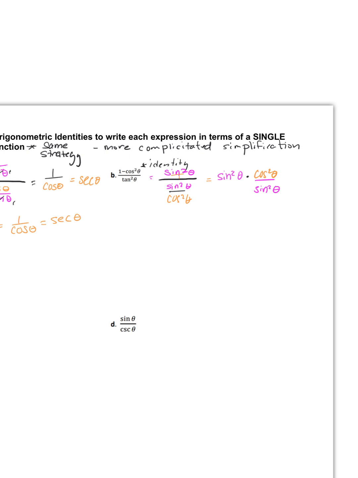Okay, so again, I multiplied those and then multiply by the reciprocal. So if I put this over 1, I have sine squares that are the same, so I can cancel those out. They go to a 1, not just canceled out. And that ultimately equals cosine squared theta.